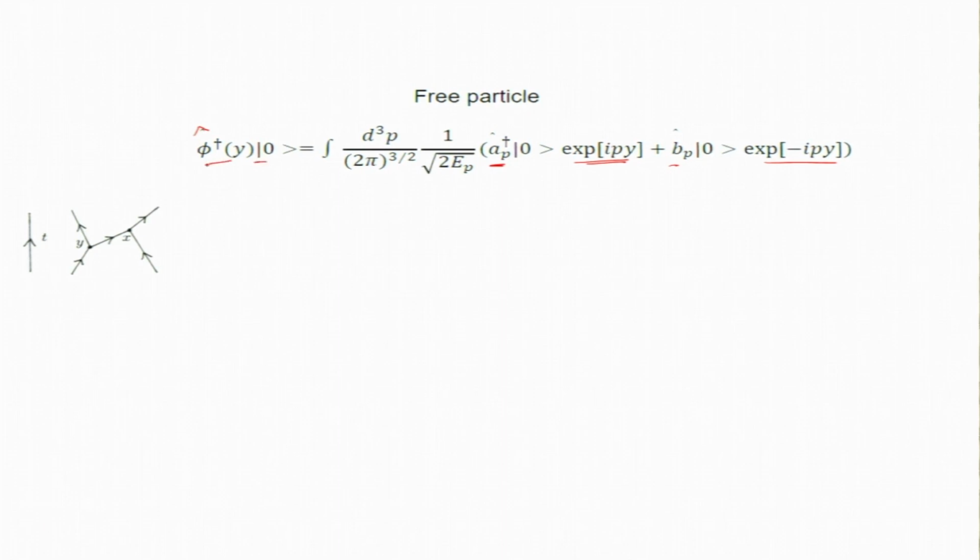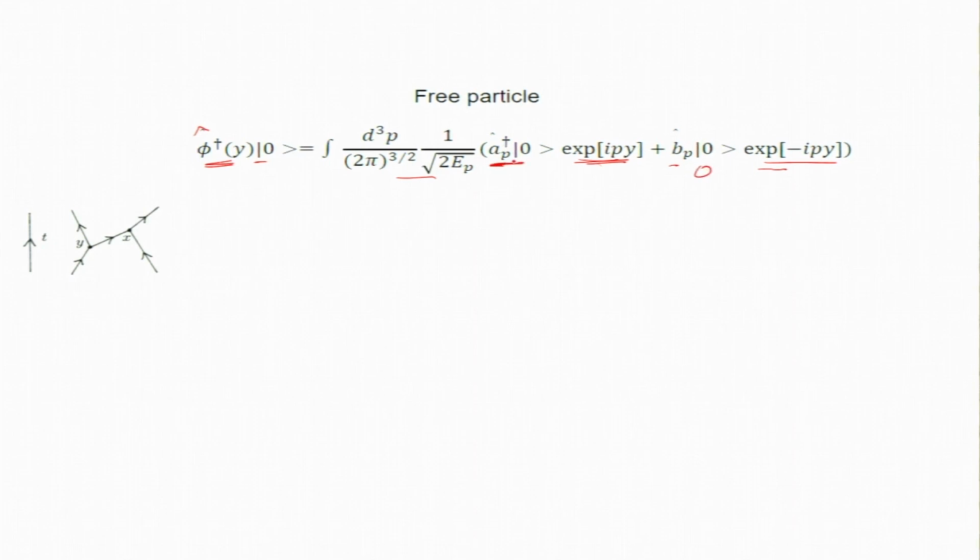Now, this operator operates on the vacuum. When it operates on the vacuum, well, these are all C numbers, complex numbers. So, the operator will act on the vacuum. So, a dagger p will act and b p will act. What does b p acting on 0 give you? It is a destruction operator on the vacuum 0, right. So, this is 0.